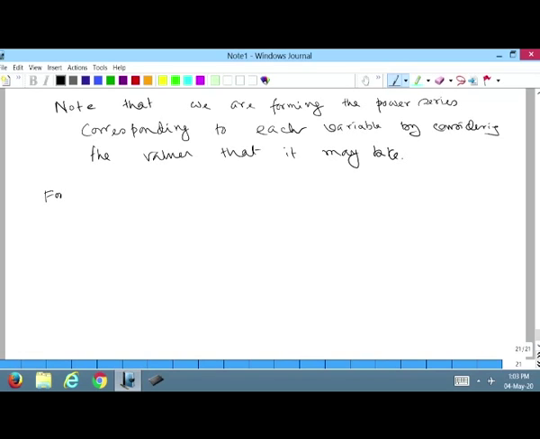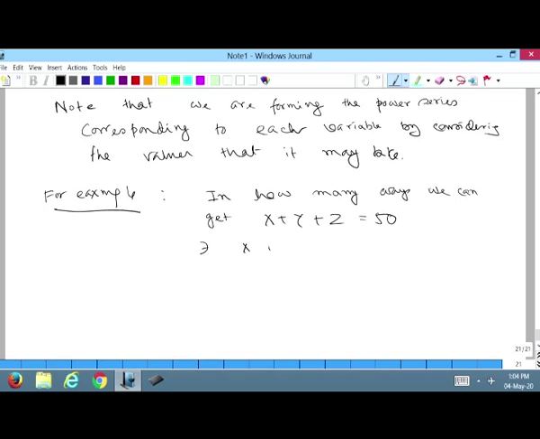For example, suppose we have the problem: in how many ways can we get x plus y plus z equal to 50, such that x is a multiple of 2, y is a multiple of 3, and z is positive and a multiple of 5.